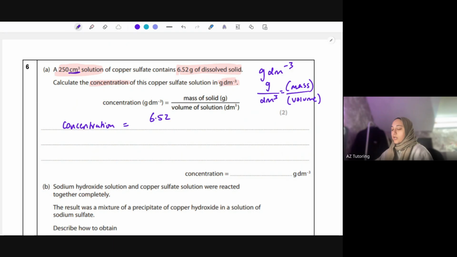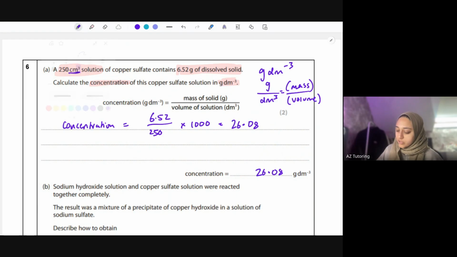We're dividing that by 250 centimeters cubed, but then we need to times by the 1,000 to account for the change in units for this to decimeters cubed. Putting that in the calculator. 6.52 divided by 250, and then we times that by 1,000, we get 26.08. So that's my answer.